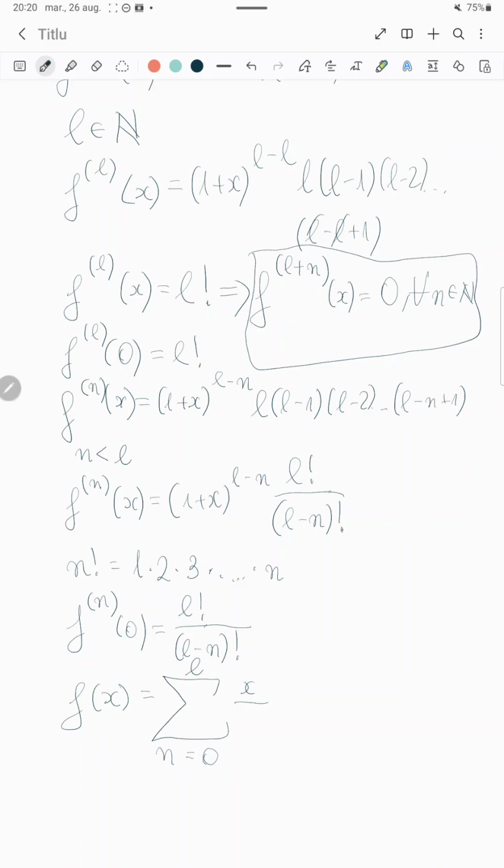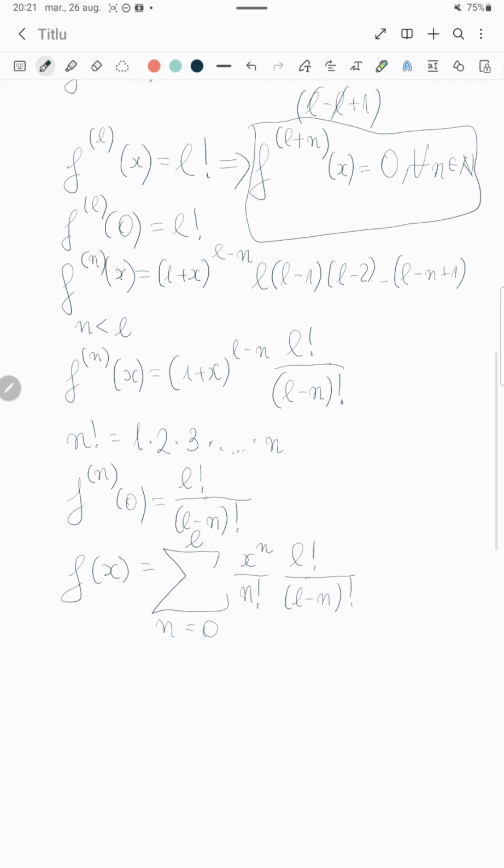So we will have x to the n divided by n factorial times L factorial divided by L minus n factorial, which some of you might know as the binomial coefficient, as the binomial expansion of 1 plus x to an integer.